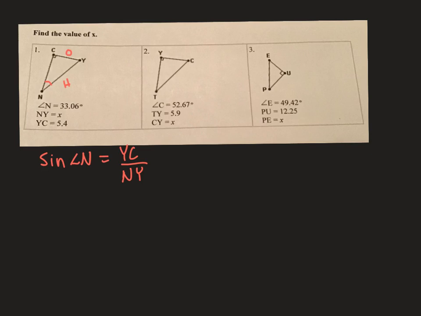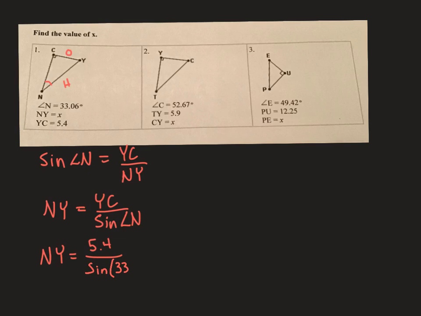So we swap our sine and NY, and we get NY is equal to YC divided by sine of our angle N. Now we need to plug in these numbers, so NY is equal to 5.4 divided by sine of 33.06 degrees.